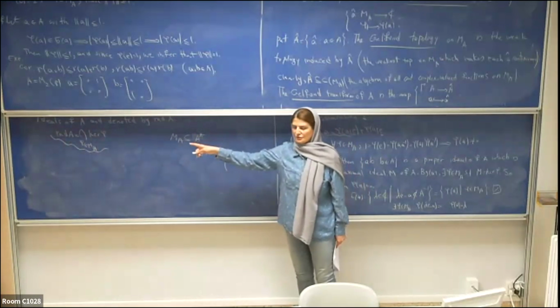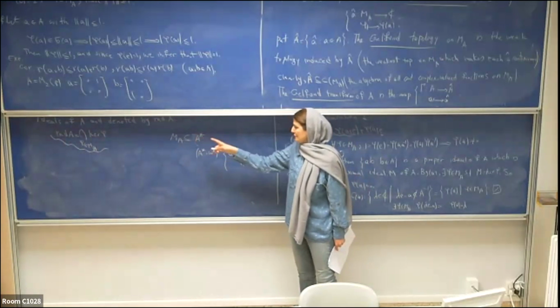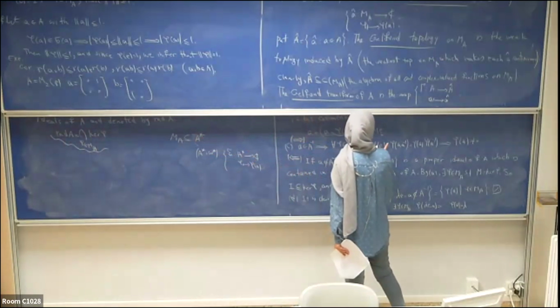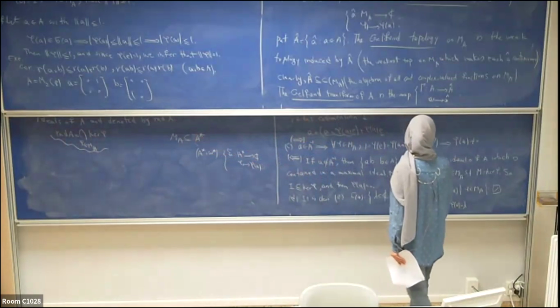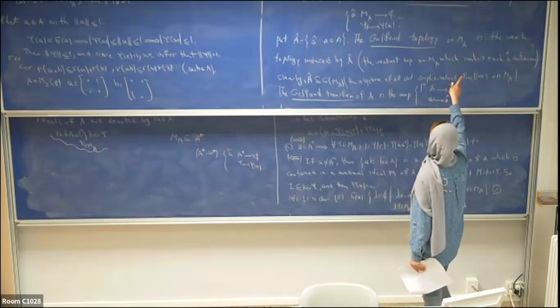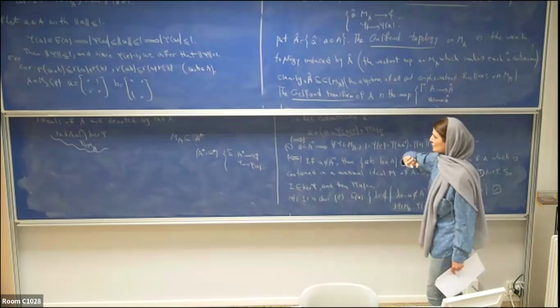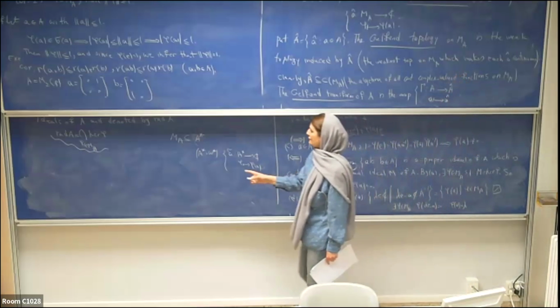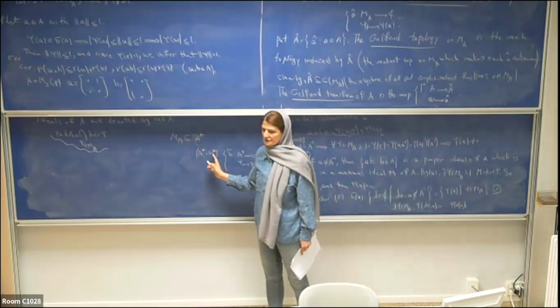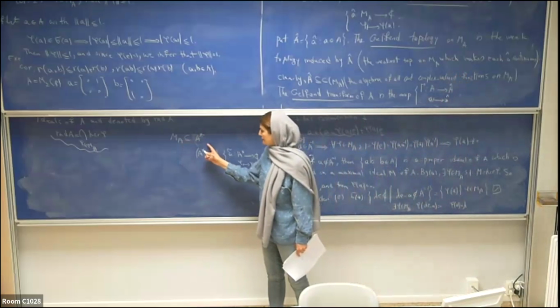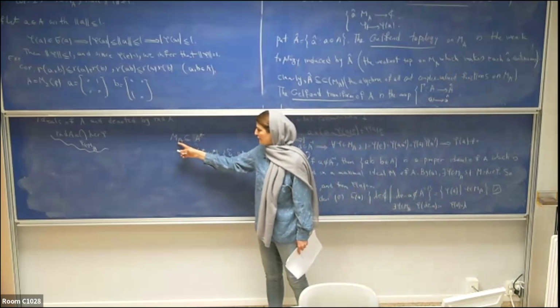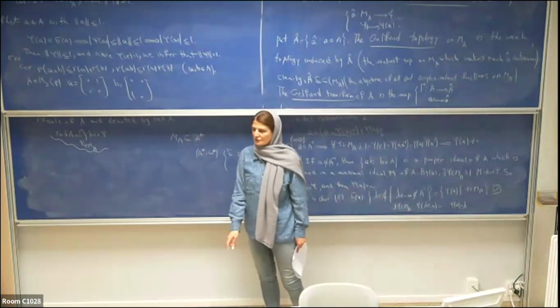So we can say that the Gelfand topology is the relative weak star topology. In other words, the restriction of the weak star topology to M of A is the Gelfand topology.